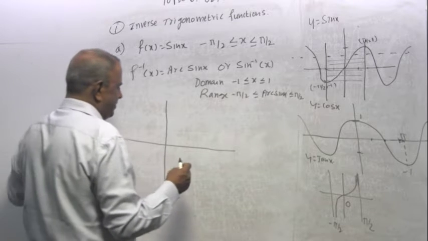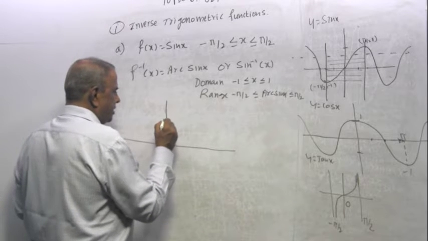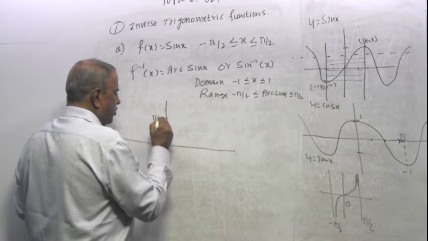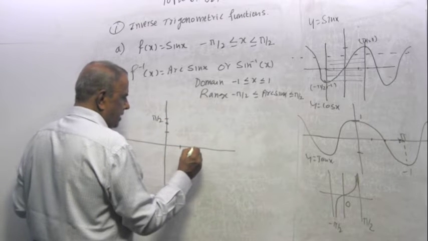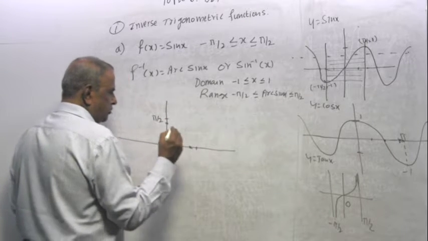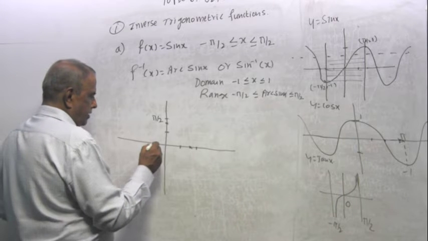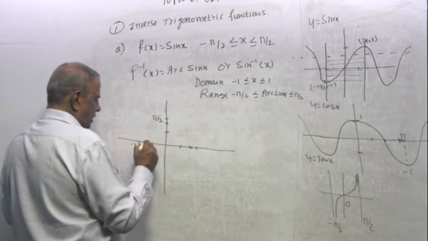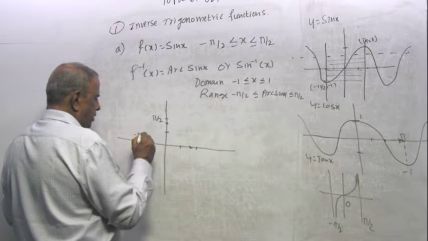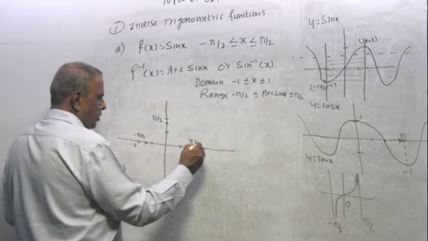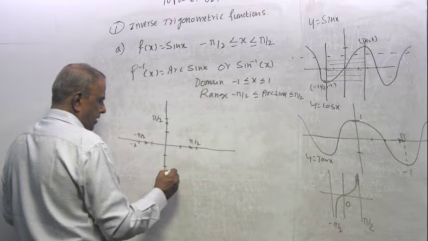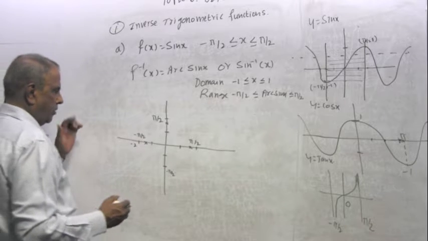So the graph, I'm not good at drawing, as you will have noticed by now. Let me try and see if I can make this. This is 1, 2, that's 1.57, which is pi over 2, that is minus 1, that's minus 2, that's minus pi over 2, right?